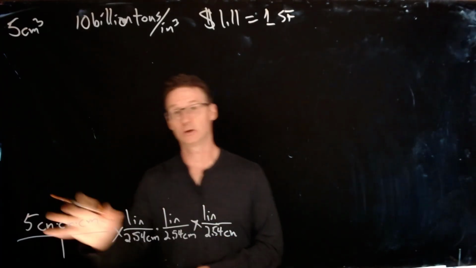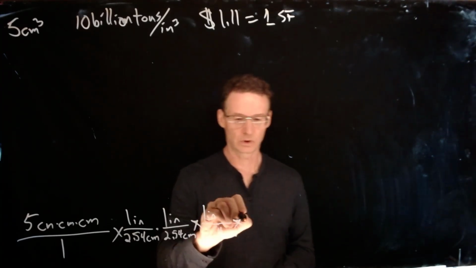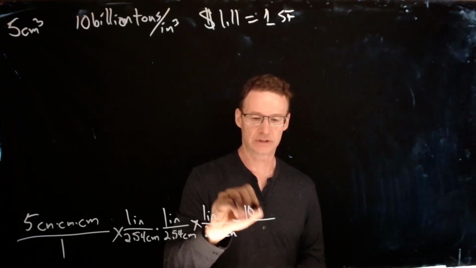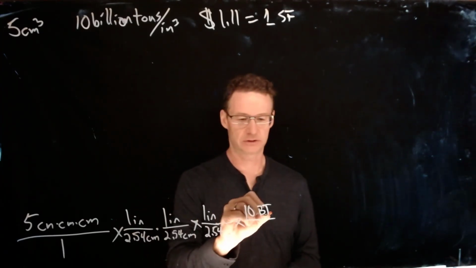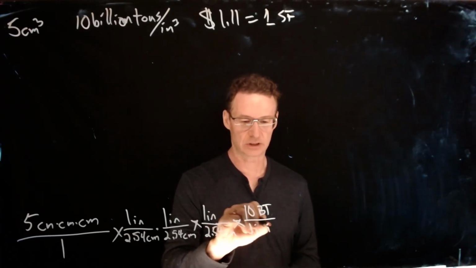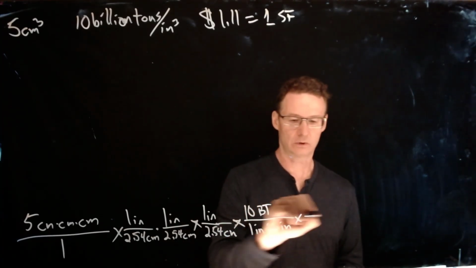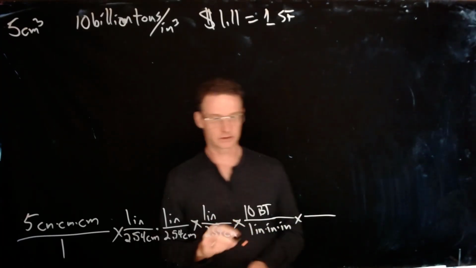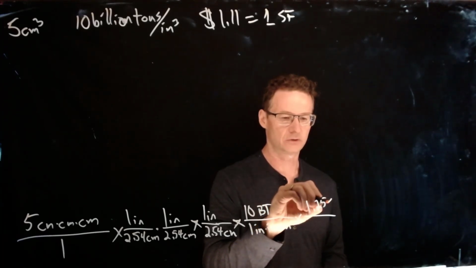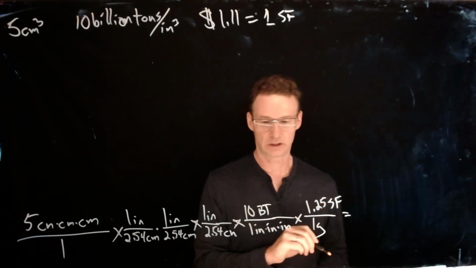Okay, so I've converted my cubic centimeters to cubic inches. And we said that the density was 10, I'm going to put this as billion tons, just to save space, per 1 cubic inch. Remember, that's inch times inch times inch. All right, and the cost is 1.25 Swiss francs per gram. Okay, so we have grams in there.